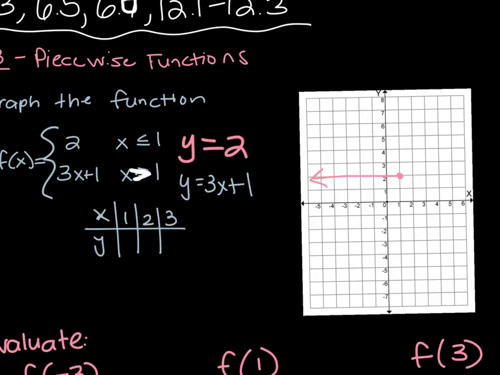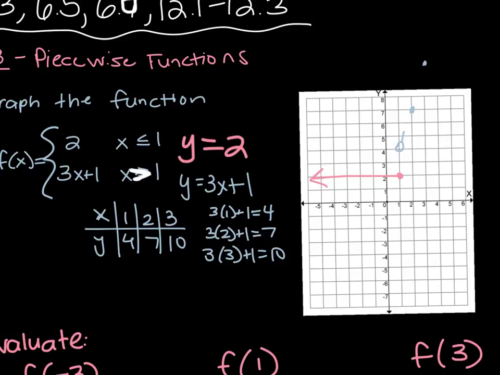Plug them in. 3 times 1 plus 1 would be 4. 3 times 2 plus 1 would be 7. 3 times 3 plus 1 would be 10. Then I can plot those three points. So (1, 4) would be an open dot because it can't include it. Then (2, 7), (3, 10). And it's a line, so it's going to keep going in that direction.